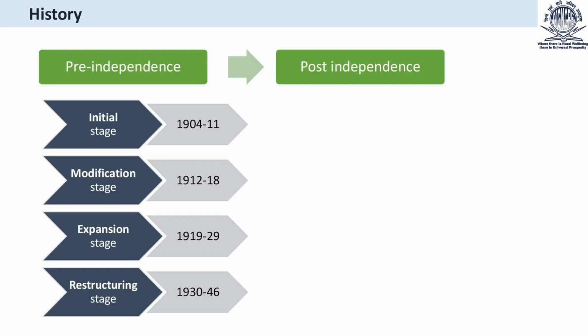We have the initial stage from 1904 to 1911, the modification stage from 1912 to 1918, the expansion stage from 1919 to 1929, and the restructuring stage from 1930 to 1946. So almost every decade was marked with development and evolution. And then of course we have the post-independence period.